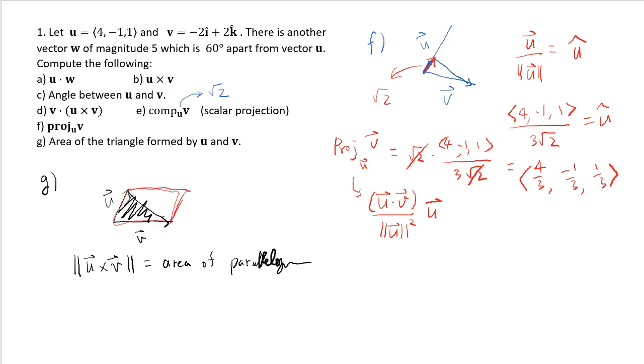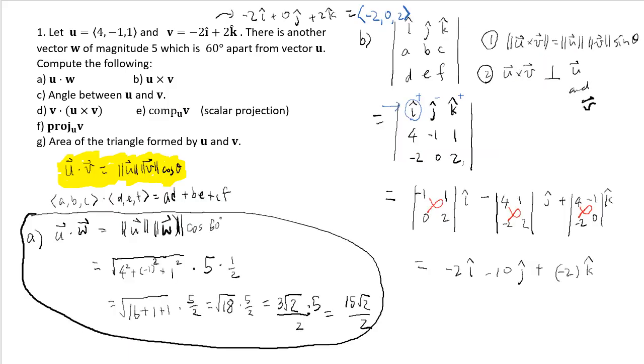And if you look at this, the area of the parallelogram is just twice the triangle. Or in other words, if I want the area of the triangle, it would be half of the norm of u cross v. And we computed u cross v before. What was it? This was -2, -10, -2.